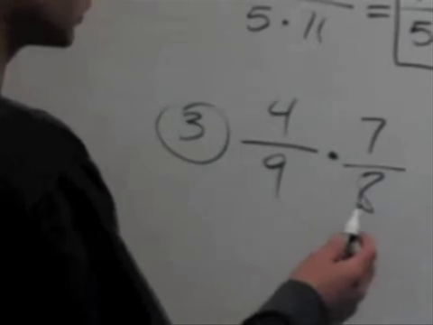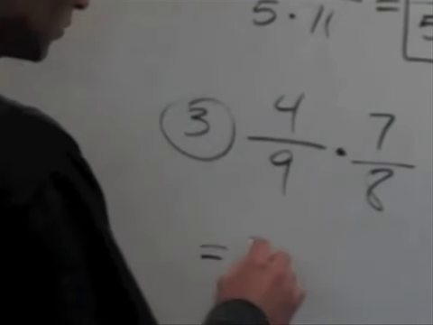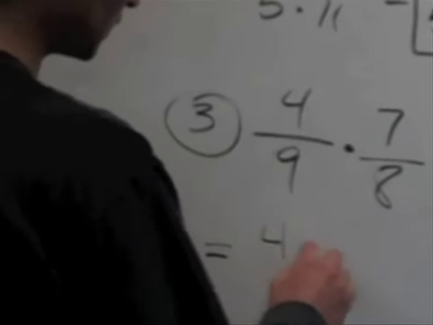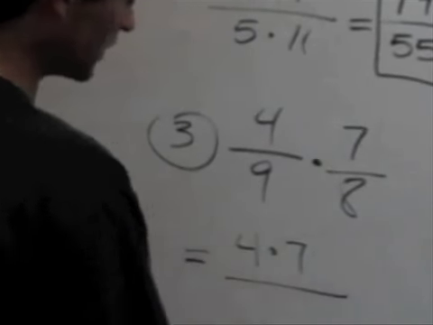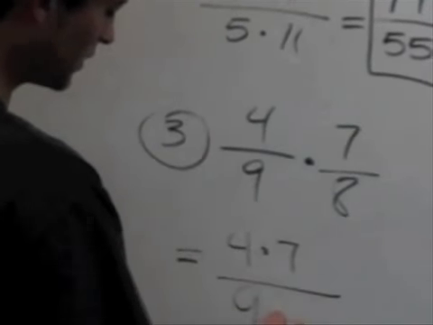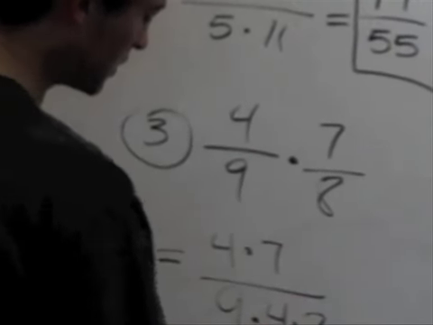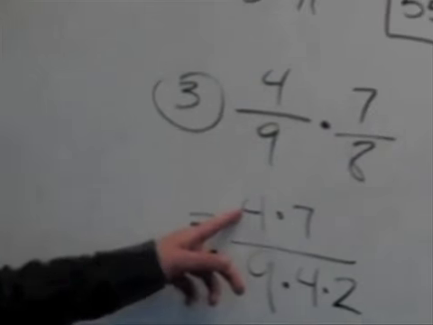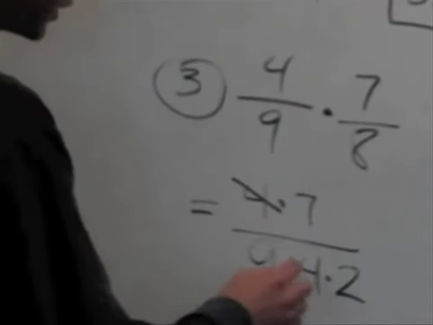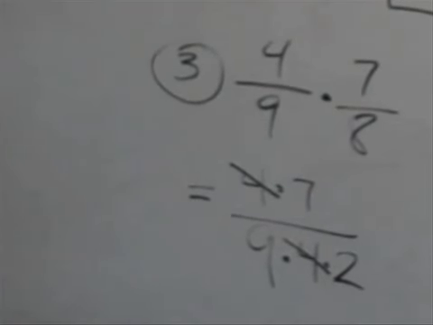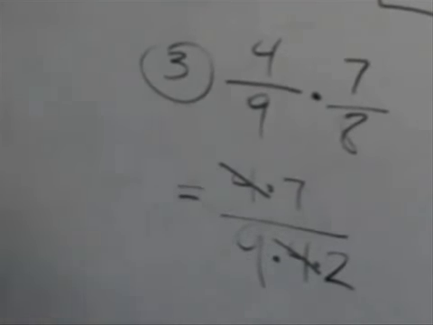So before we even multiply, we could just write 4 times 7 divided by 9 multiplied by, well, what's 8? 8 is 4 times 2. Since there's a 4 in the numerator and a 4 in the denominator, we can cancel 1 out there and 1 out there.